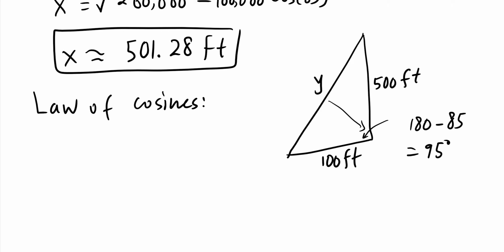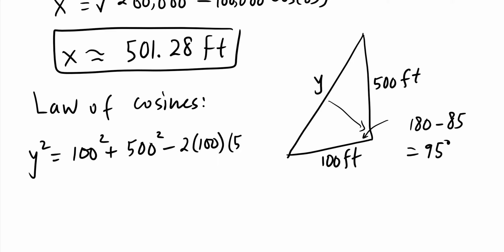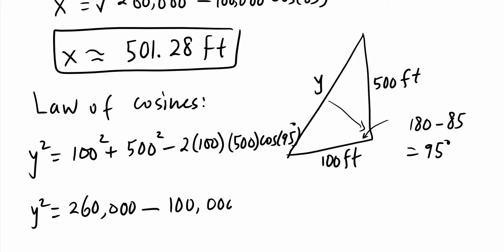So now, law of cosines again. Y squared equals 100 squared plus 500 squared minus 2 times 100 times 500 cosine 95. And then again, we can do the calculation. 260,000 minus 100,000 cosine 95 degrees.